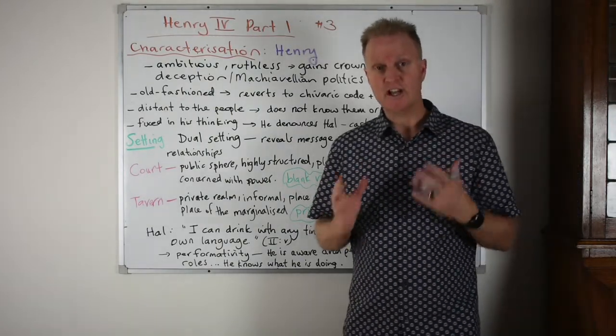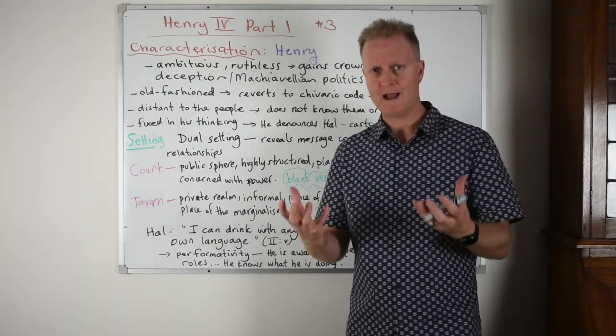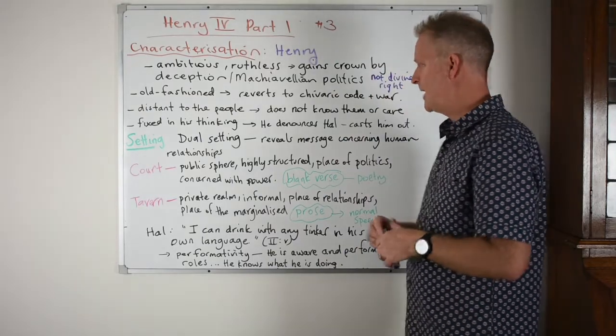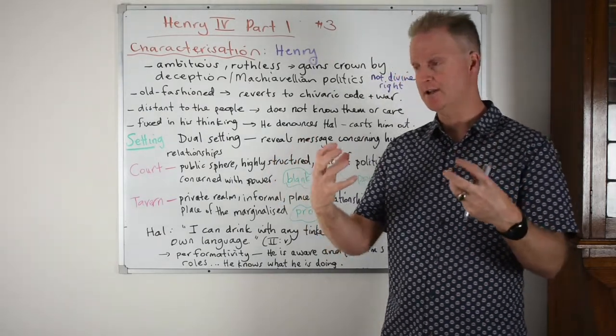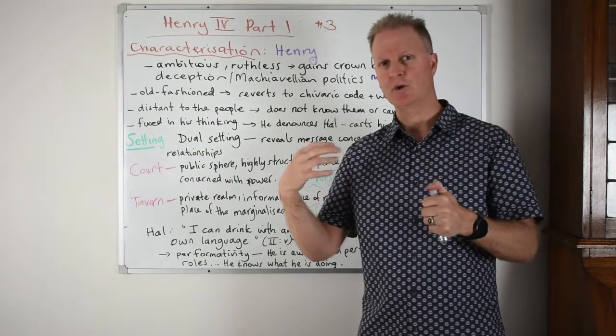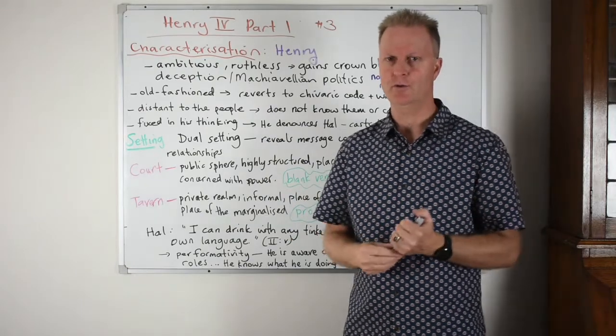Now, what Shakespeare does quite often is he will use a dual setting. He'll have two main settings within the play, and what he'll do is he'll use them to sort of differentiate the differences between. Generally, it will be between those at the court and the common people.